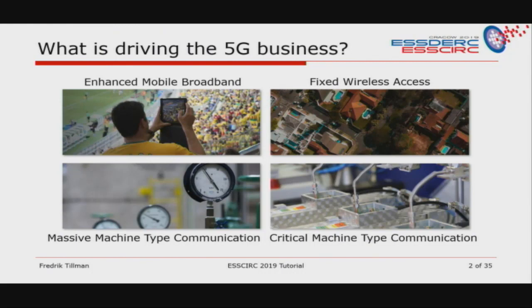On the horizon we have massive machine type communication that will show up, both the critical kind of communication where latency parameters will become paramount, but also the massive kind where you need to scale up the IoT connectivity to a whole new dimension compared to what we have today.